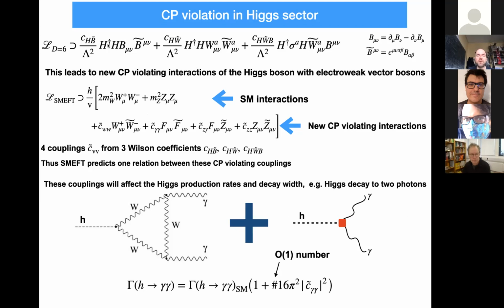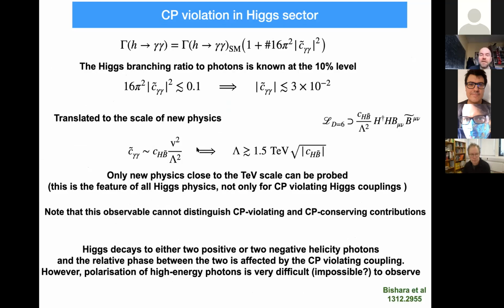You're getting this v squared because there is a VEV of the Higgs that you need here. And that means that if you take this limit on C twiddle gamma gamma, you get a limit on the scale of new physics of the order of 1.5 TeV times the square root of C H B twiddle.